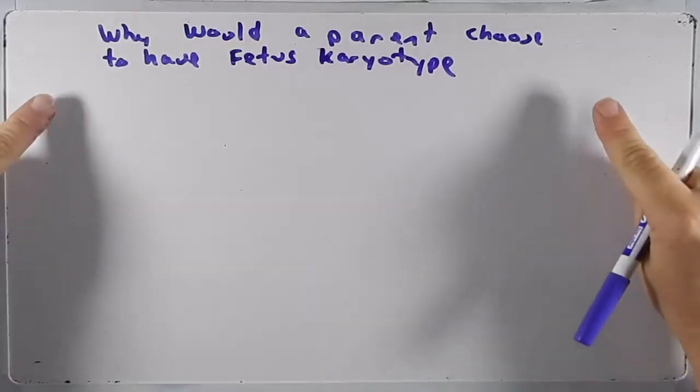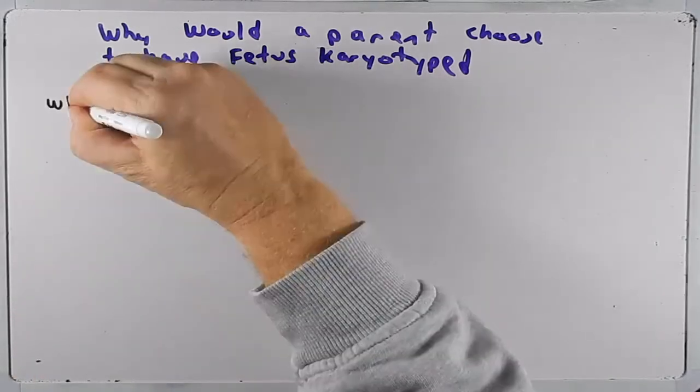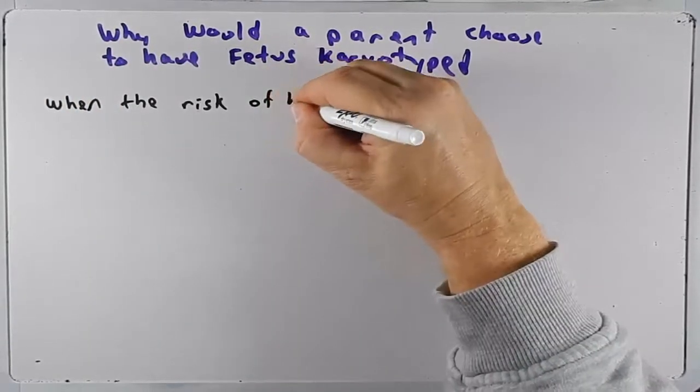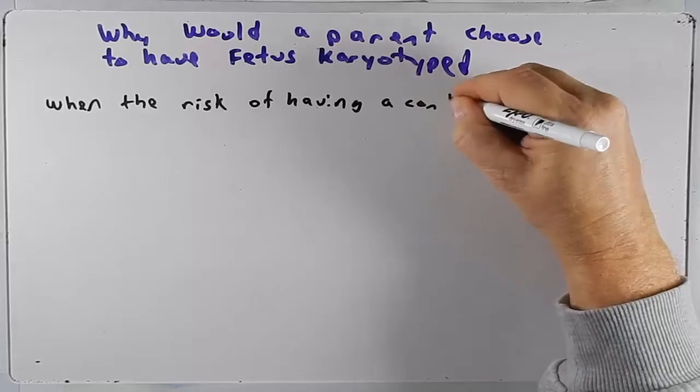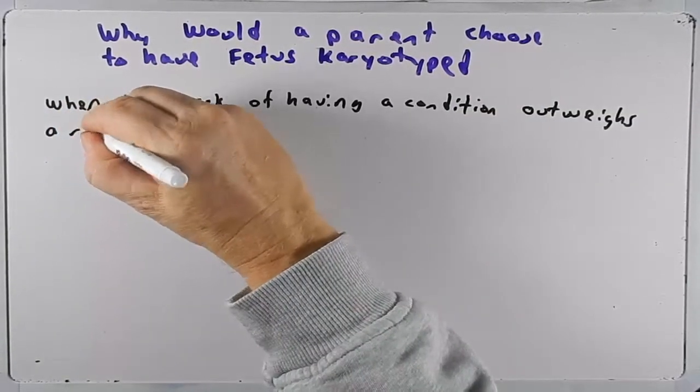So why would a parent choose to have their fetus karyotyped? In general, a physician would recommend a karyotype of a developing fetus when the risk of the fetus having a condition outweighs the risk of a miscarriage.